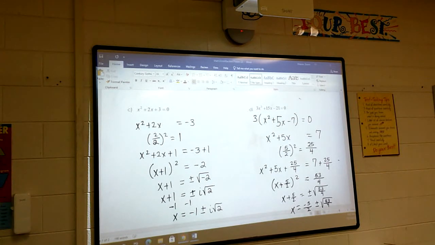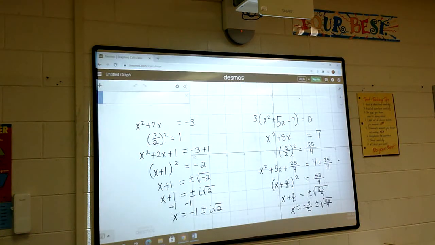If I go to the Desmos calculator, y equals 3x squared plus 15x minus 21. If I get my answer there, notice I get a 6.14 and 1.14, right? So I want to know, is that what this is saying down here?